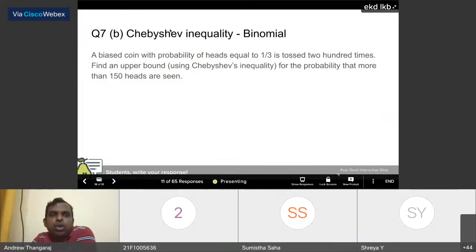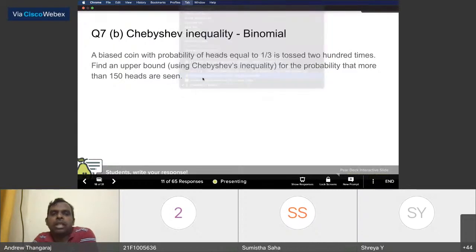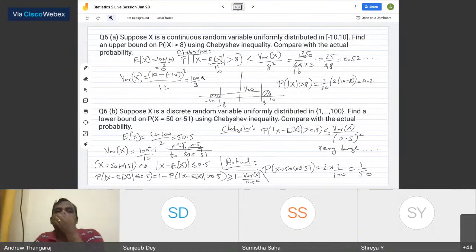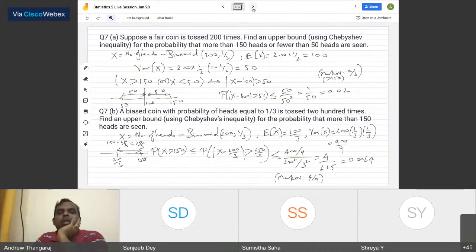So let me show you the answer to both the A part and the B part. Okay, so let's go to 7. All right, so the A part: a fair coin is tossed 200 times, and find an upper bound on the probability that more than 150 or fewer than 50 heads are seen.